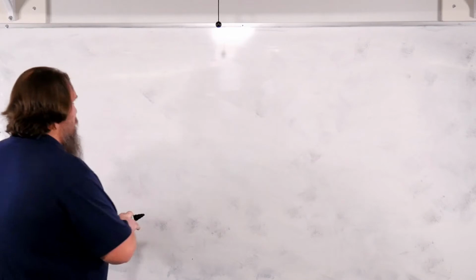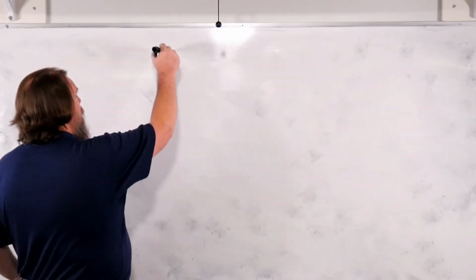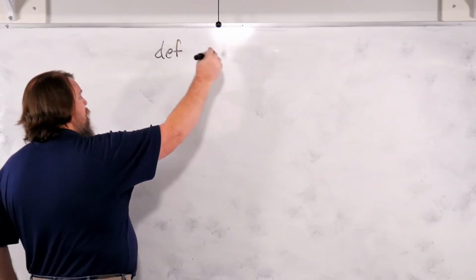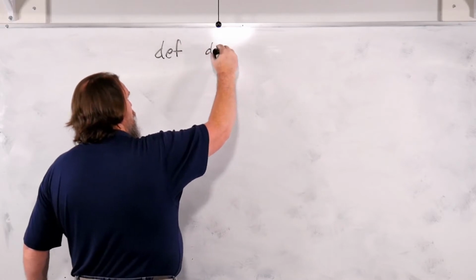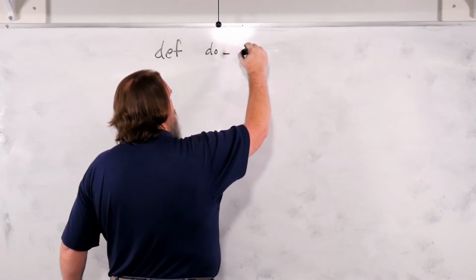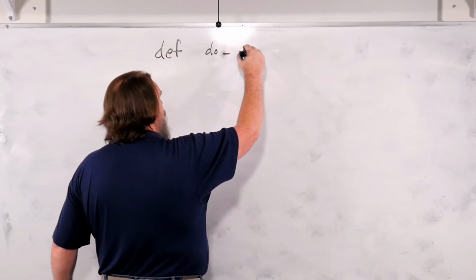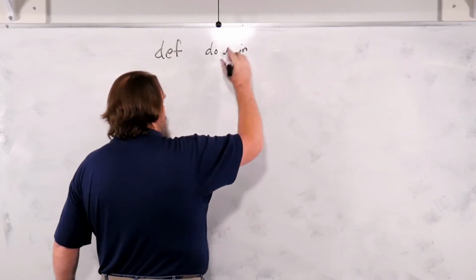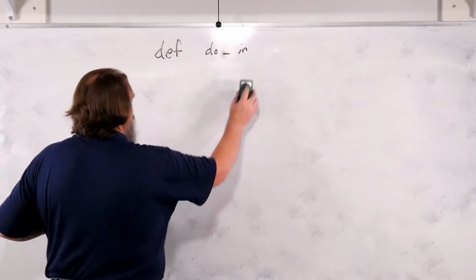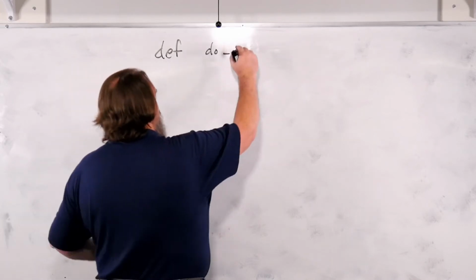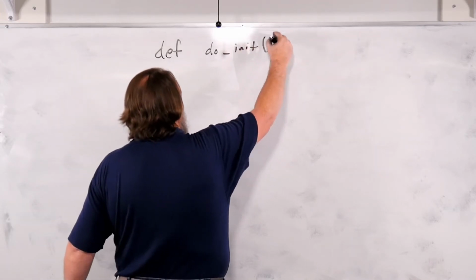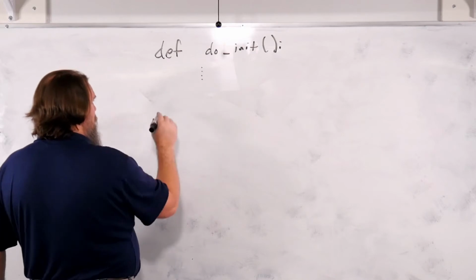Let's imagine that we've got various steps that we're going to perform. Def do init, I don't know. We're going to initialize our program, and it's going to have a whole bunch of code in here.